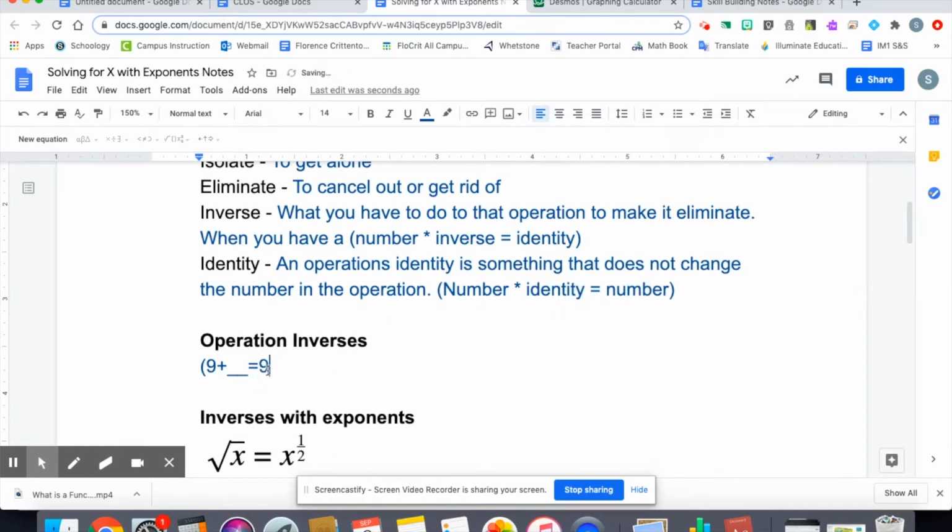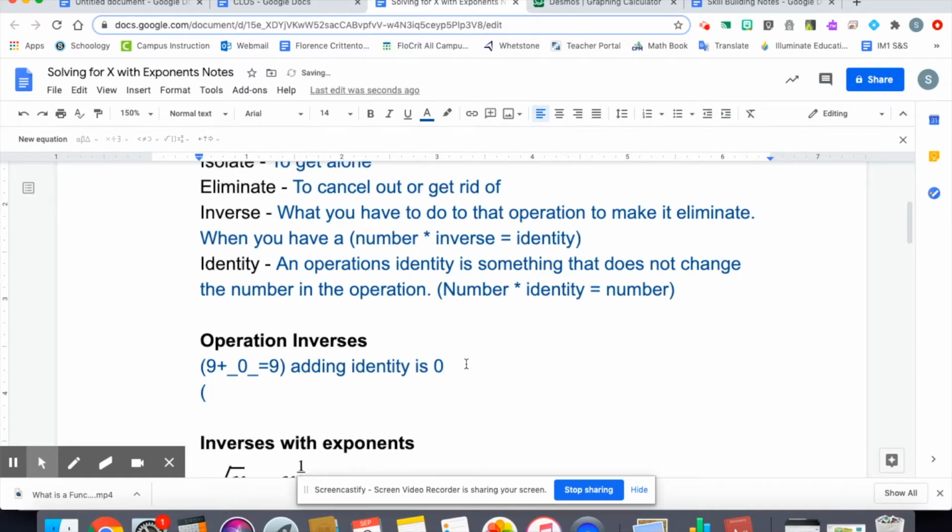So it needs to equal 9. With adding, what could I add to 9 to keep it 9? The answer is 0. 9 plus 0 is still 9. So for adding, the identity is 0.